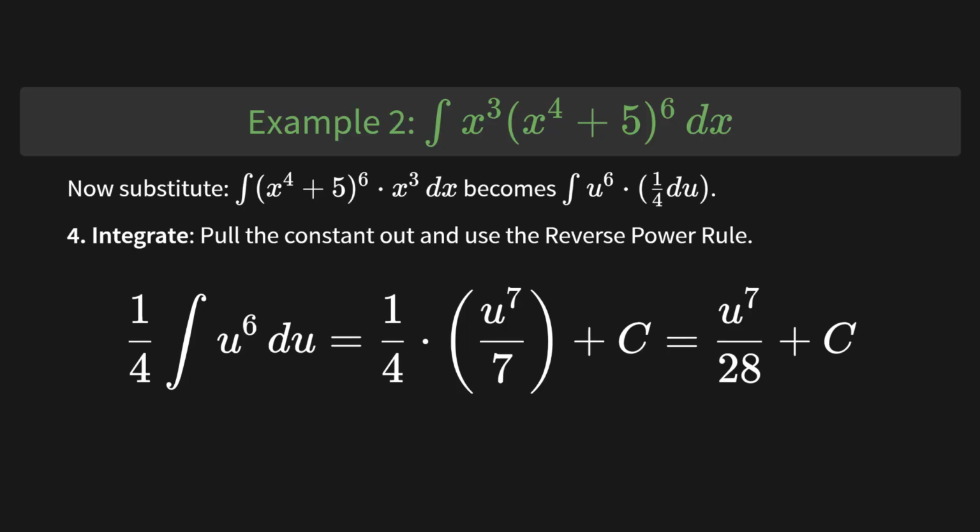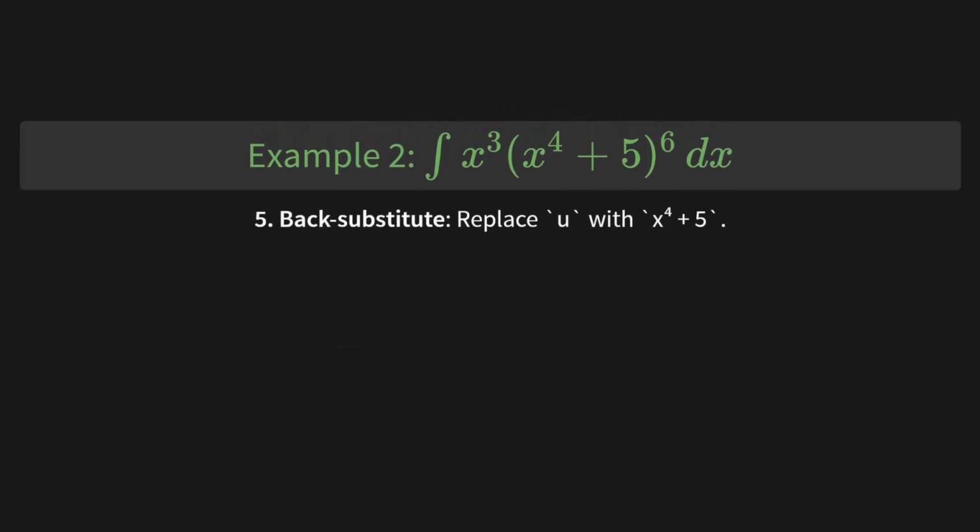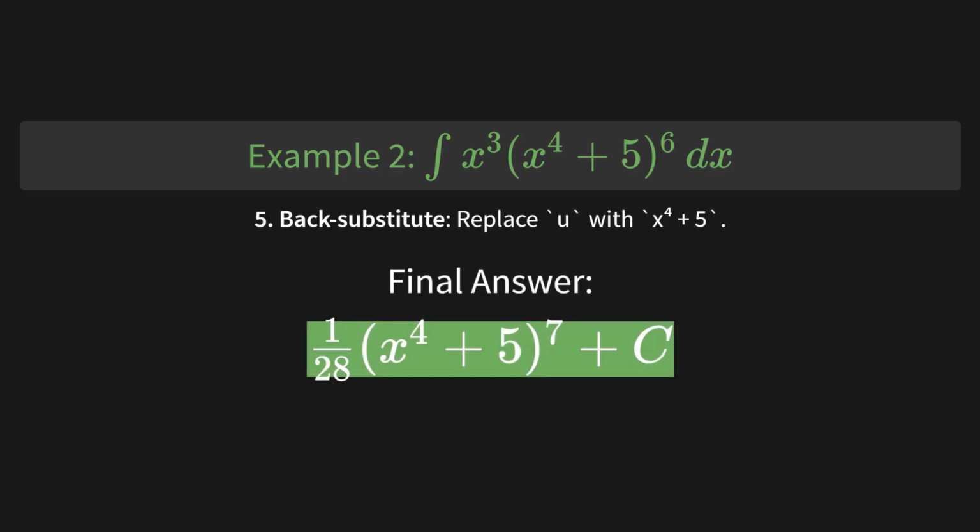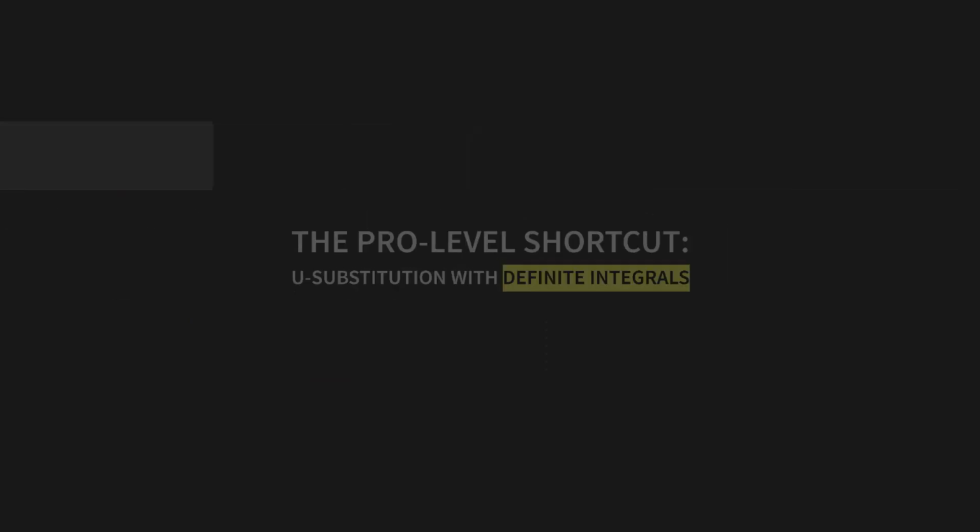That equals 1/4 times u to the seventh over 7 plus c, which simplifies to u to the seventh over 28 plus c. And now, step 5. Back substitute. Replace u with x to the fourth plus 5. Final answer, 1 over 28 times (x to the fourth plus 5), all to the seventh power, plus c.